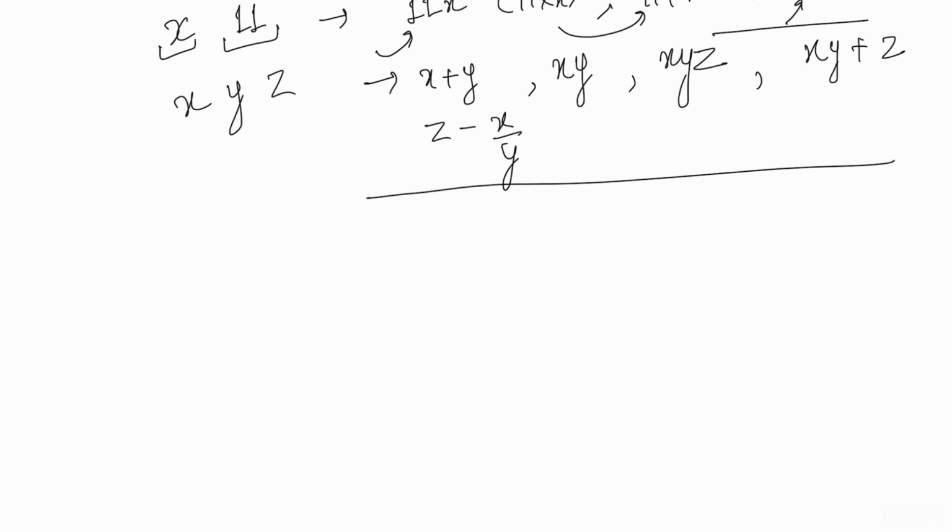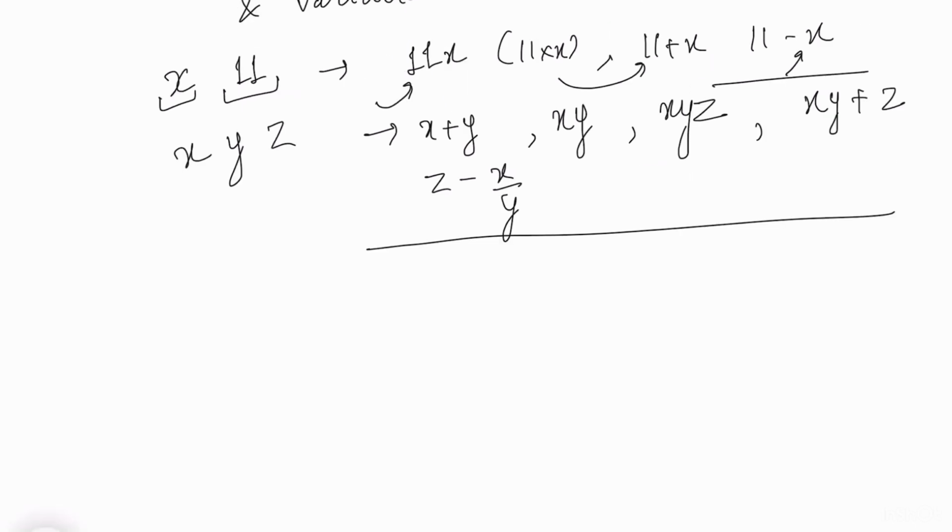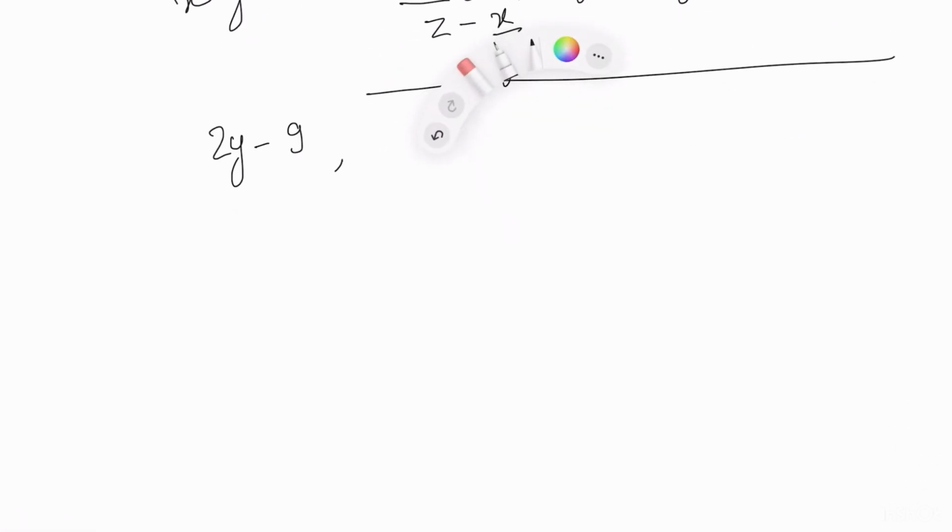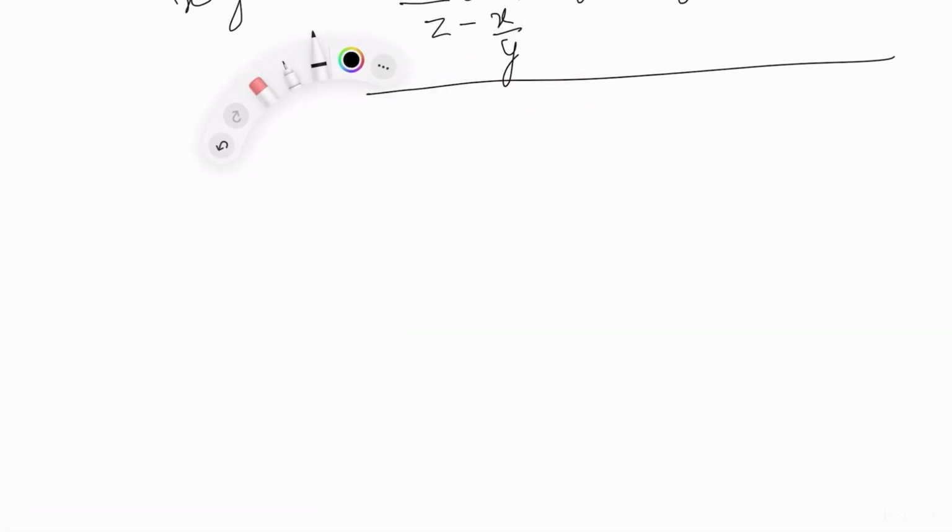Next, I'll give you a few more expressions so that you are a little more familiar. You can have an expression like 2y minus 9. Before that, I need to tell you about power, or rather degree.